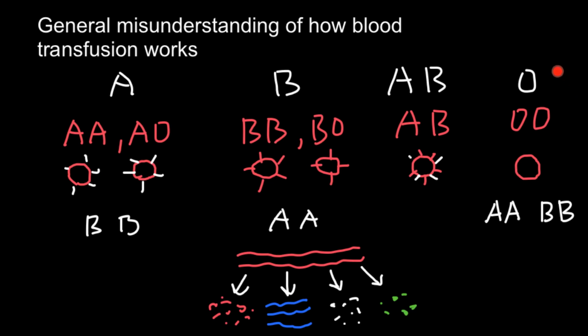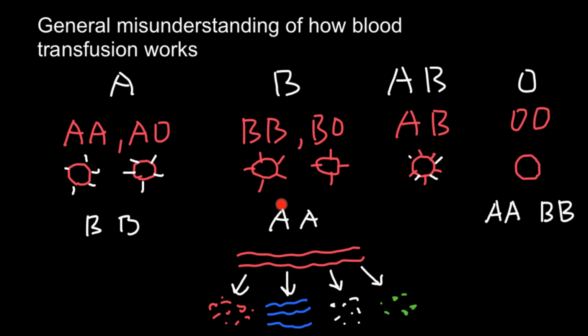So these people who belong to this blood group can be considered not only universal donors of the red blood cells, but also universal recipients of the plasma. They can get plasma from people who belong to the blood group AB, because this plasma doesn't contain any antibodies.